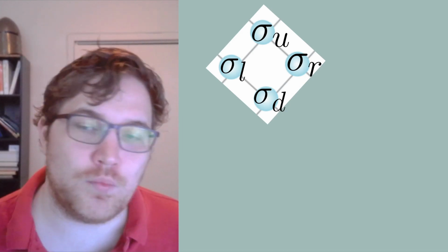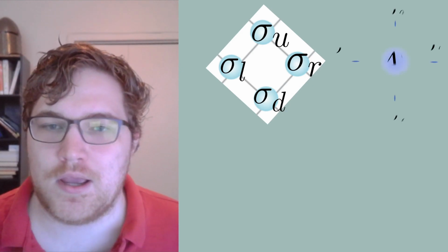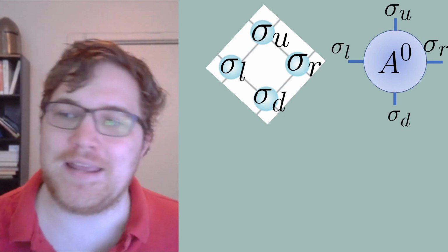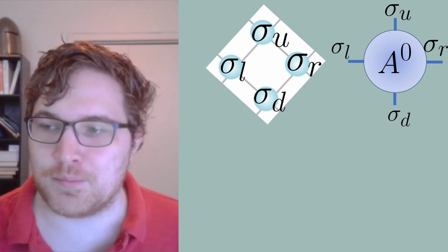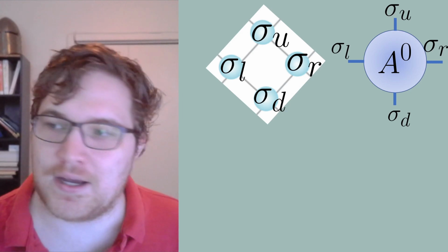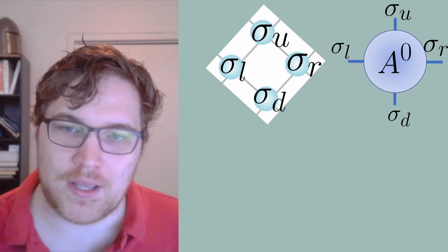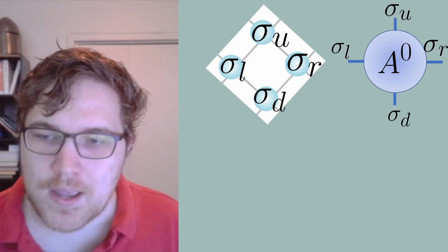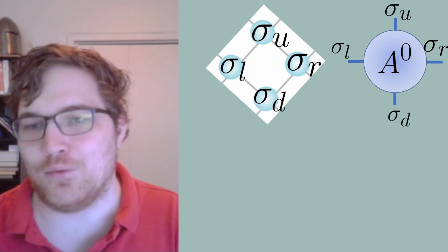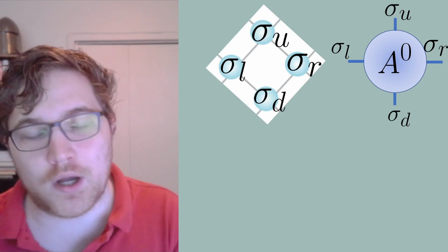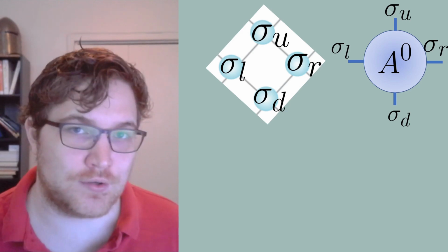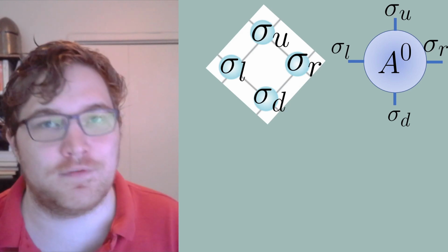From here, we will then identify a rank 4 tensor that identifies the contribution made by the spins interacting to the partition function. Here the superscript 0 is put there for convenience later, as we will be creating A1 and A2 and so on as part of our algorithm of coarse graining these tensors, as we will see as we move on in this video.